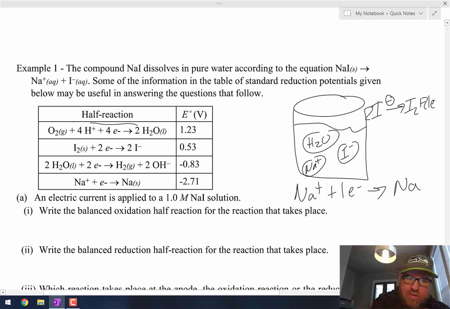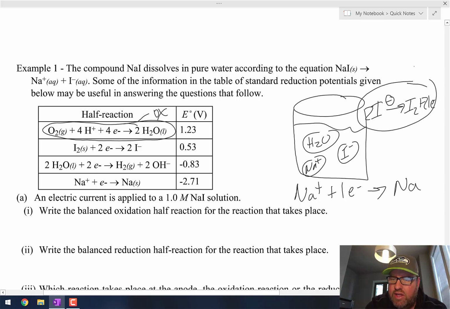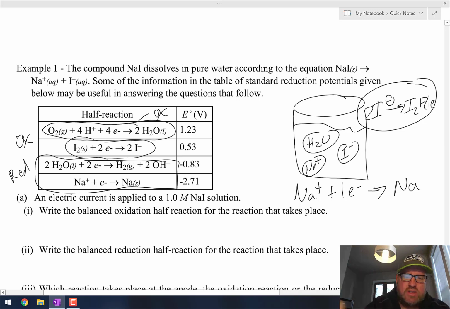So the reverse of this reaction is a possible oxidation reaction. All the other ones are showing reductions. But remember, the iodide is more likely going to be oxidized rather than sodium. So in terms of oxidation, we've got those two choices. These are our oxidation possibilities, and these two here are the reduction possibilities.